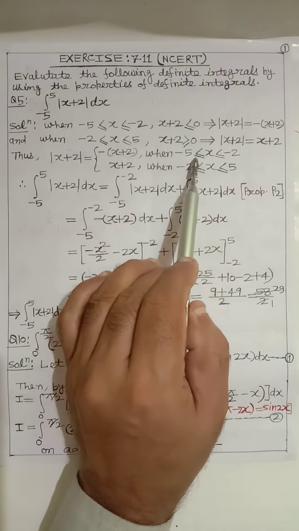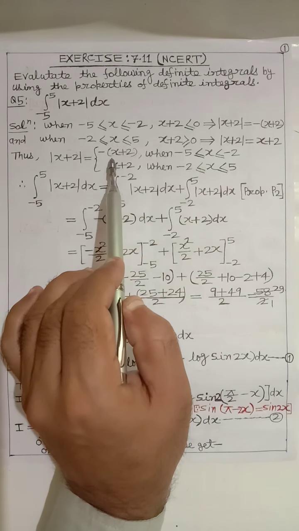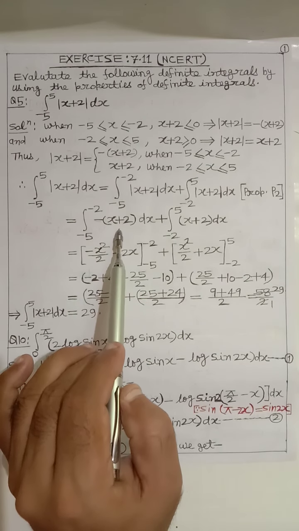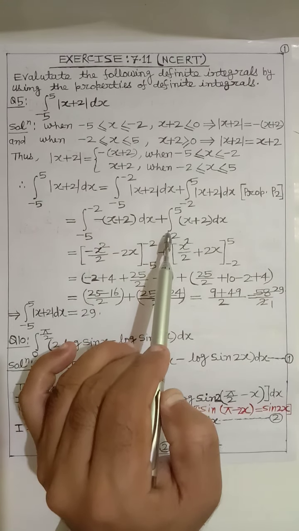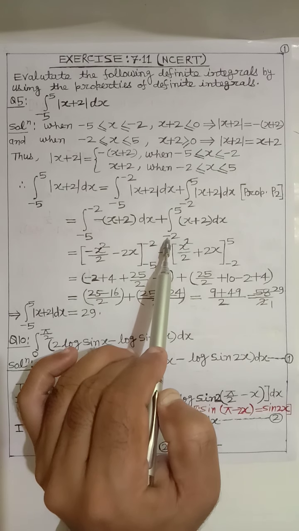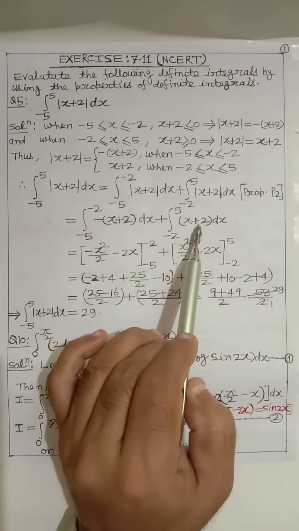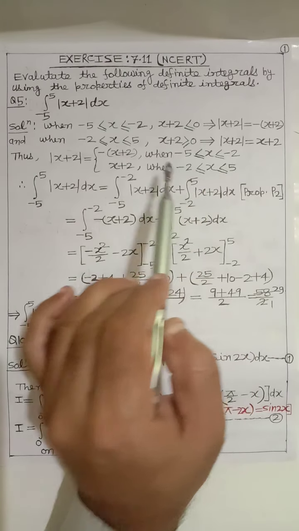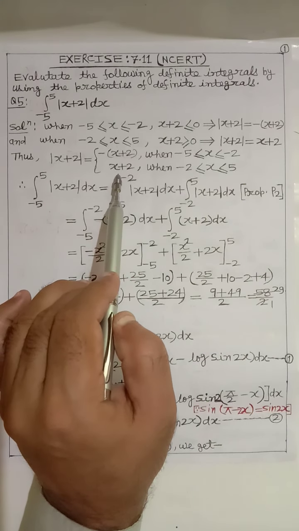Why? Because in this case the value of the function is minus (x plus 2). So we have written here plus integration of minus 2 to 5 of (x plus 2) dx. In this case, from minus 2 to 5, the value of the function is x plus 2.